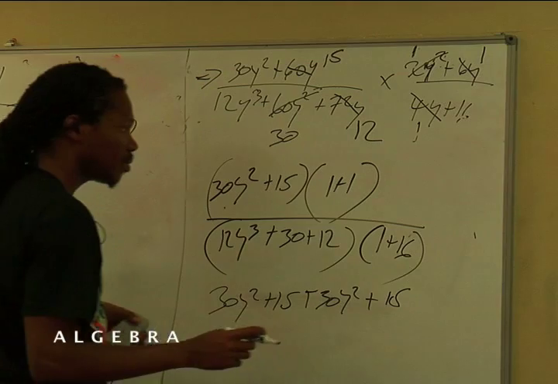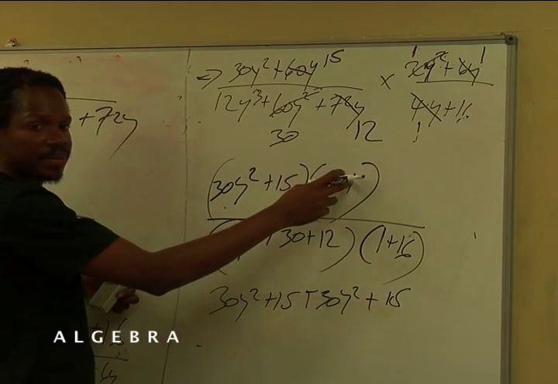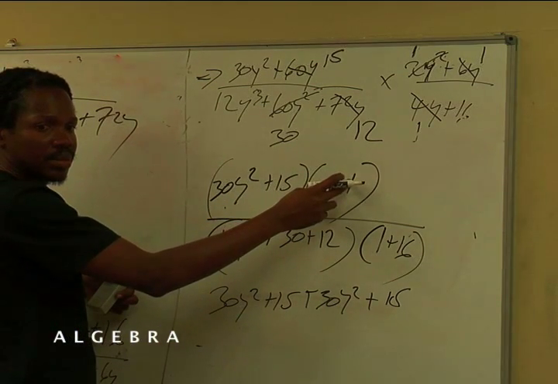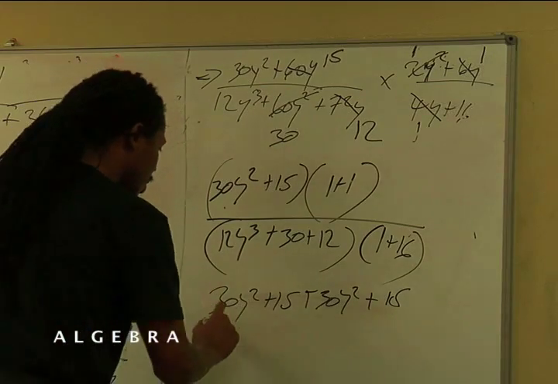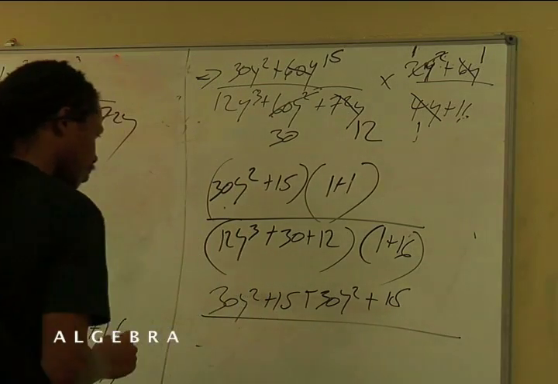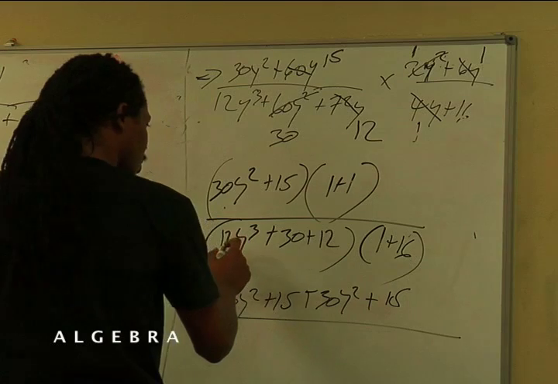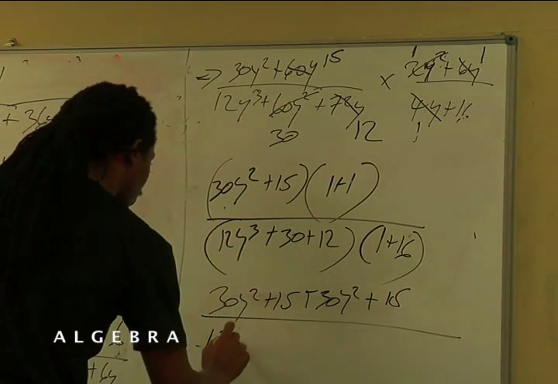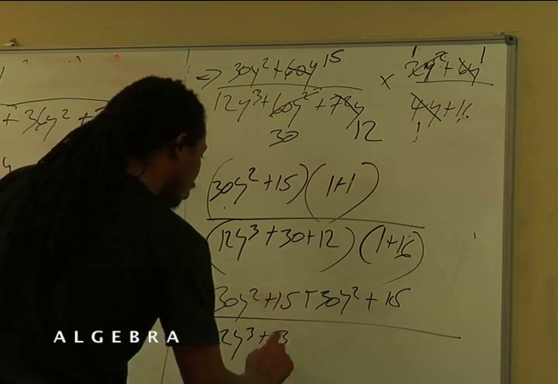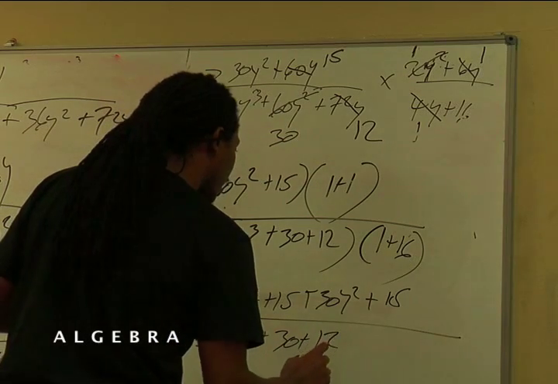You have to multiply the two of them. Over 12y cubed plus 30 plus 12.